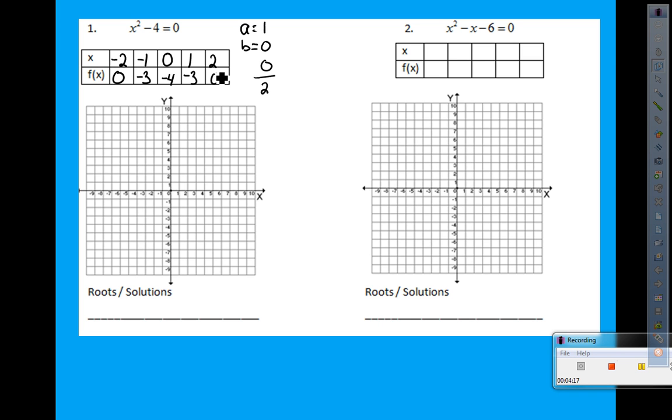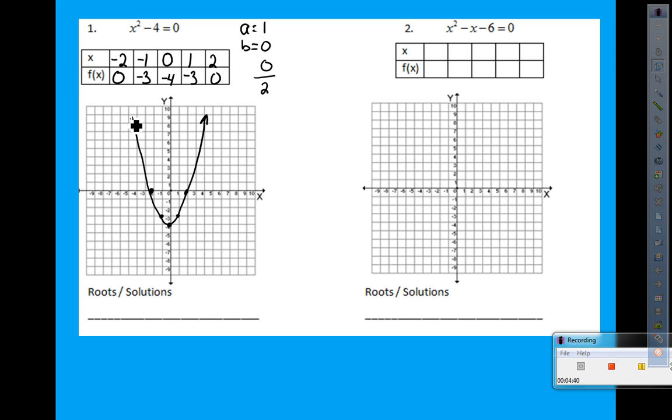Be really careful when you graph, because we're trying to figure out where it crosses this axis. So here's -2, 0. Here's -1, -3. Here's 0, -4. Here's 1, -3. And there's 2, 0. Here's my parabola.